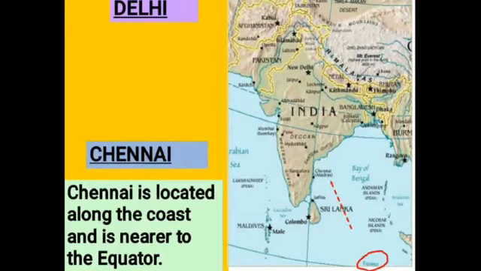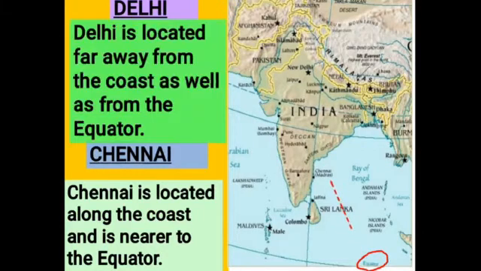Then where is Delhi situated? Delhi is located far away from the coast as well as from the equator. Equator, New Delhi. You can see the distance between equator and New Delhi as well as the distance between Chennai and equator.